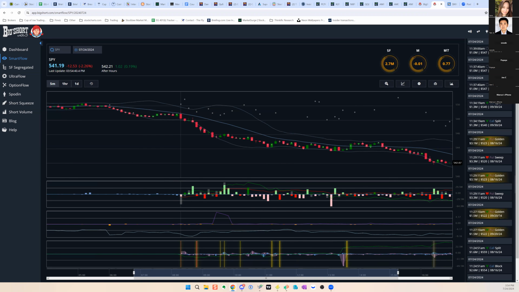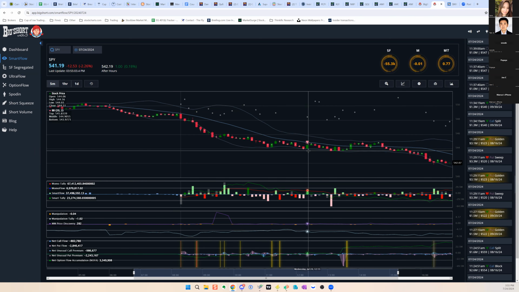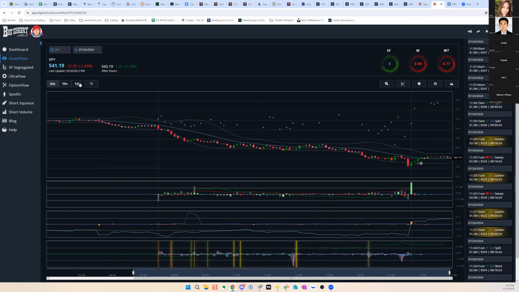basically selling a lot of puts that expire really far out. And so this is not really an immediate directional play. If they were really near-term options, then that might indicate more sentiment. But this is the theta gang right here. They're here to collect their theta, trying to beat bonds basically.